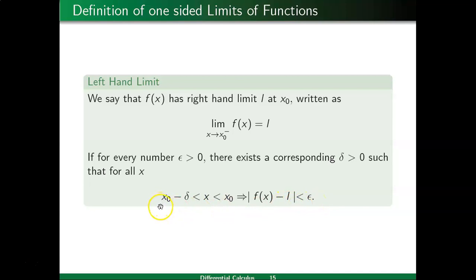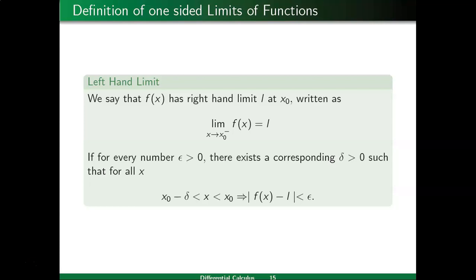So what is the difference here? We are taking only the left neighborhood of x naught. So these are the definitions of right side limit and left side limit of f(x) in epsilon-delta form.